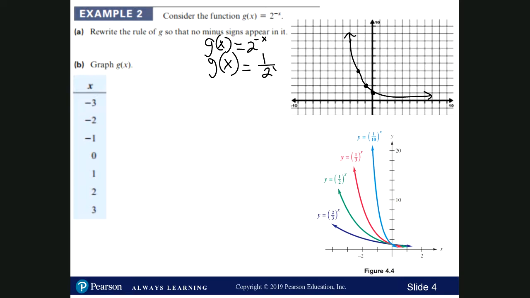Now that equation is similar to this, 1 over 2 to the power x. So in this case, we can say that the base, which is equal to 1/2, is less than 1, but it's also greater than 0, meaning positive.